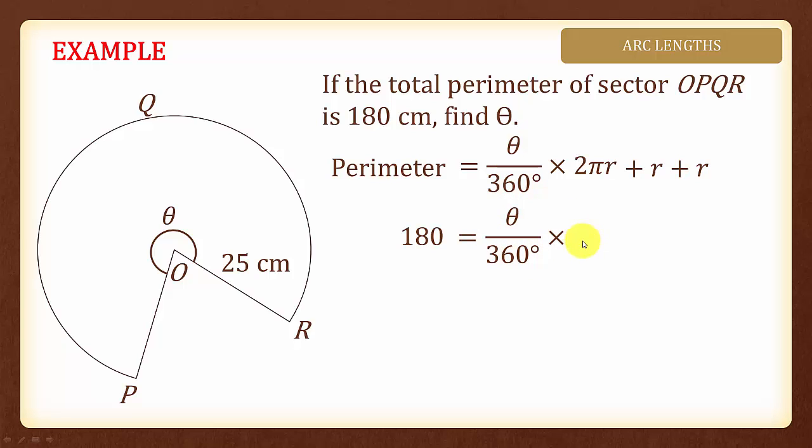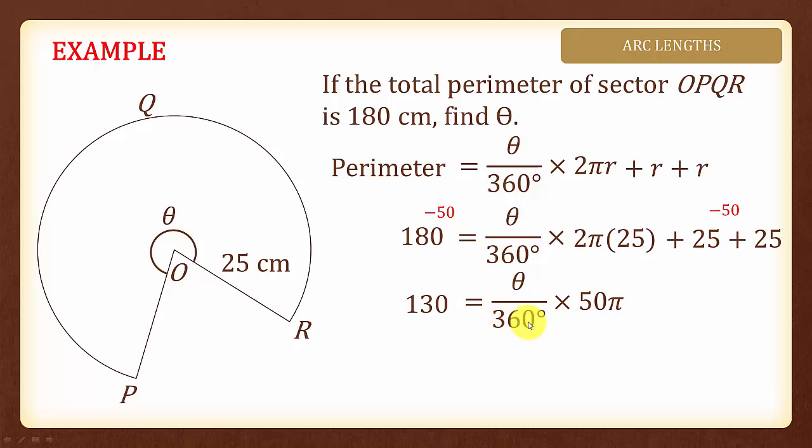For 2 pi r, we will have 2 pi 25, and each of the radius is 25 centimeters. To simplify this equation here, we will subtract 50 on both sides. And it will be simplified to 130 equals to theta over 360 times 50 pi. To find theta, we will divide 50 pi on both sides.